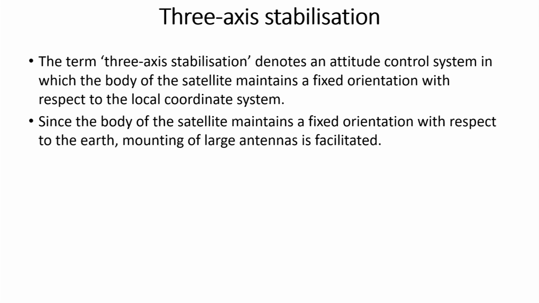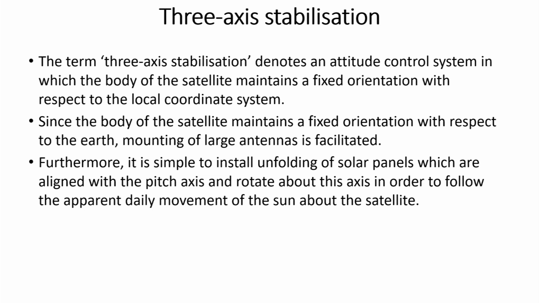Since the body of the satellite maintains a fixed orientation with respect to the earth, mounting of large antennas is facilitated, and the direction can be specifically aligned. Another is the unfolding of the solar panels. Solar panels are generally aligned with the pitch axis, and rotate about this pitch axis in order to follow the apparent daily movement of the sun about the satellite.